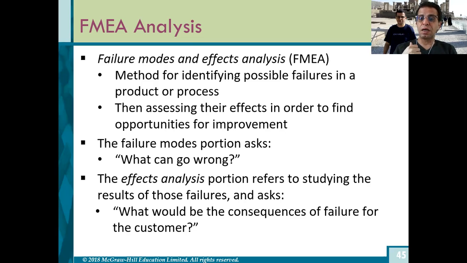Like when we look at the suppliers, who is supplying what, the possibilities of failing and what's the side effect of failing. The failure mode portion asks, what can go wrong if this fails? The effect analysis, like the brakes in a car, what can go wrong? People die. The effect analysis portion refers to studying the result of those failures and asking, what would be the consequences of the failure for the customer?